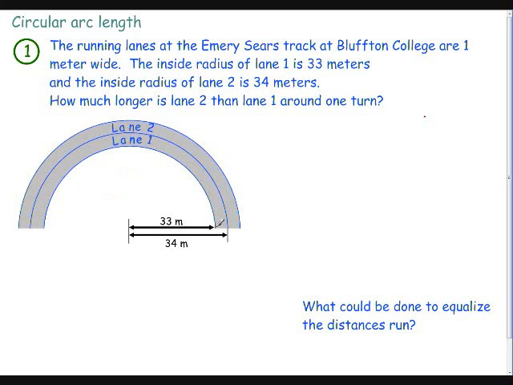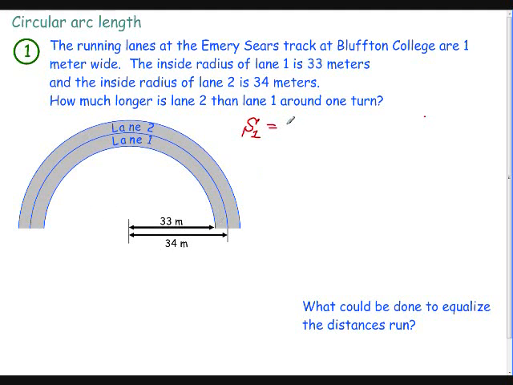That matters, doesn't it? I mean, especially in a close race. Okay, so let's see how much longer it is. We know that we're going to measure the inside of each of these lanes. So the arc length for lane 1 is going to be, let's see, this is lane 1.